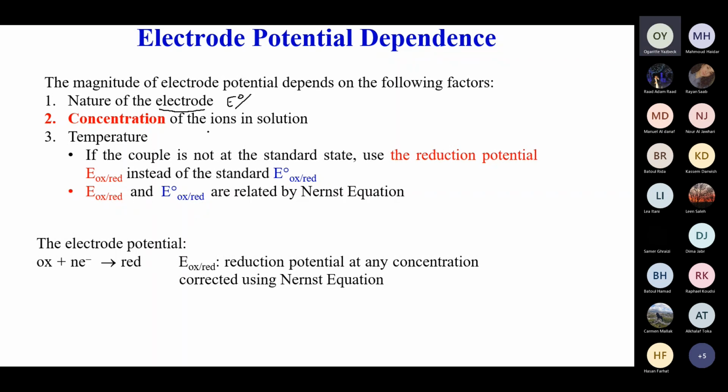It depends on the concentration of the solution, yes, because now we can have corrected E's, which can vary with E naught minus 0.0592 over number of electrons transferred, log of Q according to the concentration of each solution.